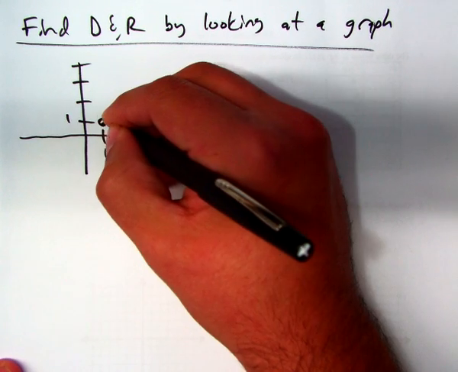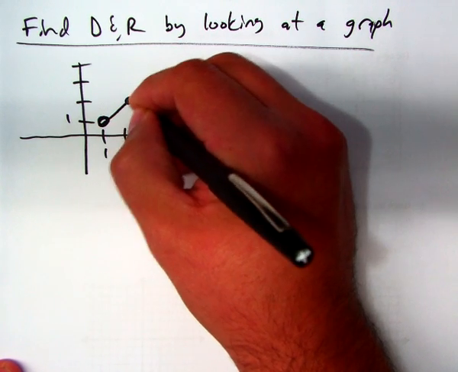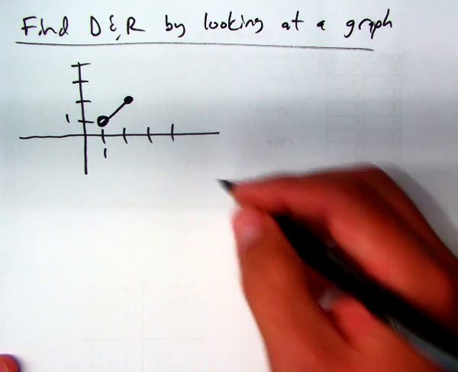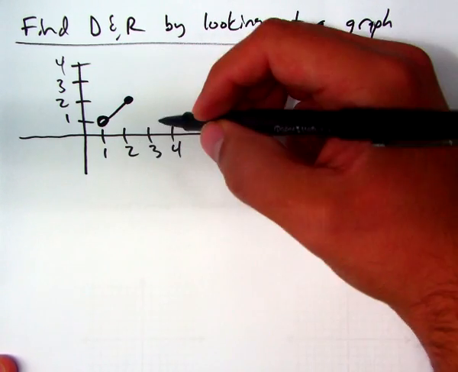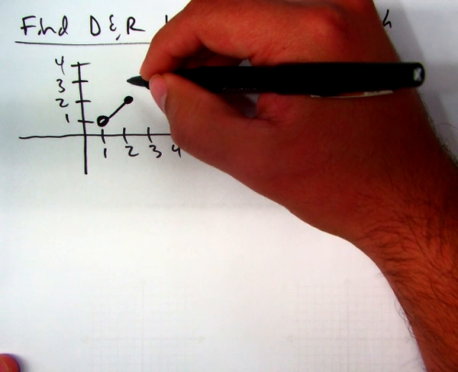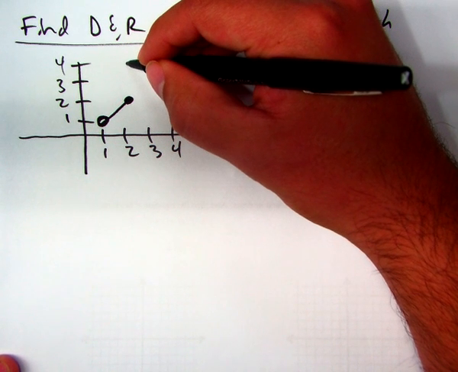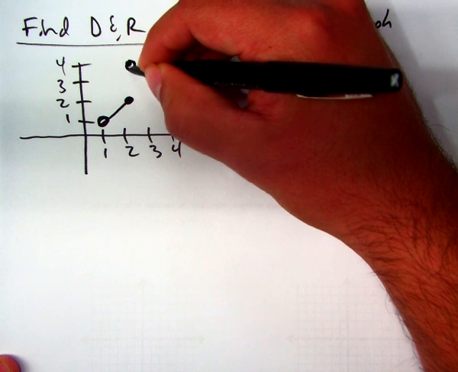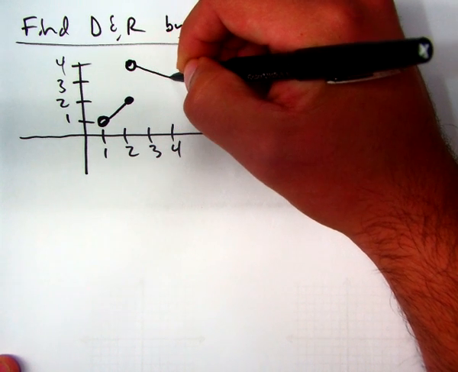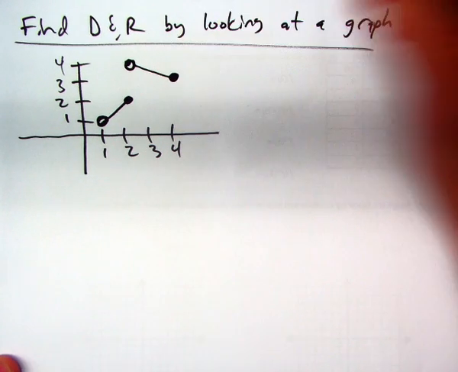This is an open circle. This is a closed circle. And then let's say the rest of the graph looks something like this. Open, sorry. Closed. Yep.